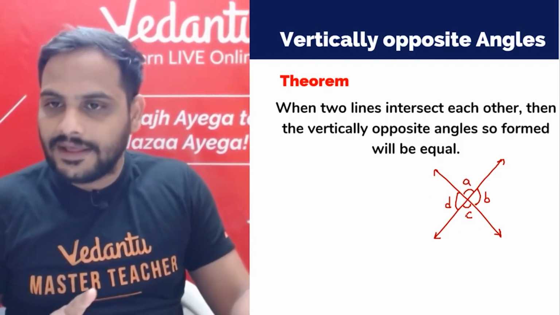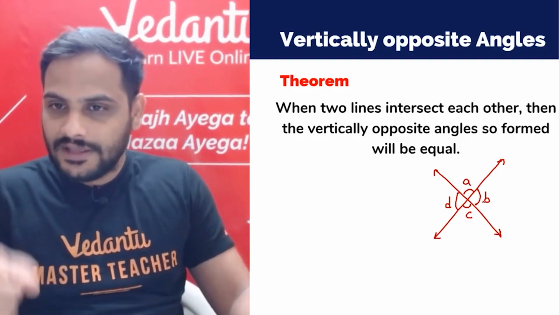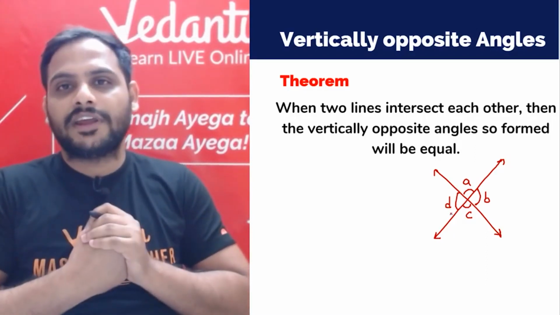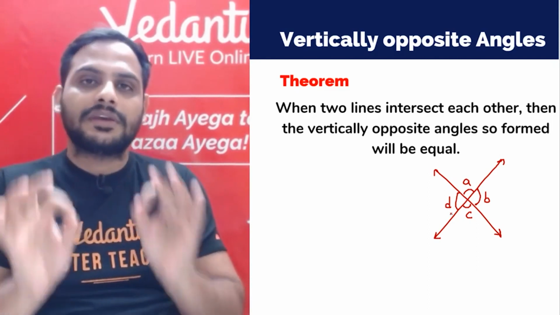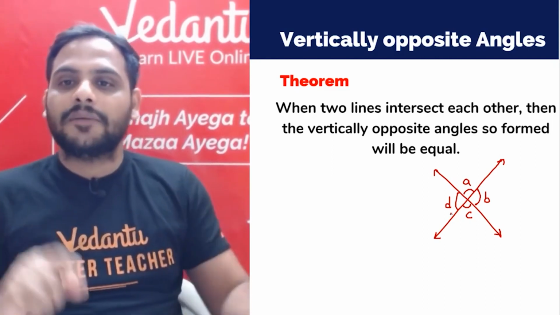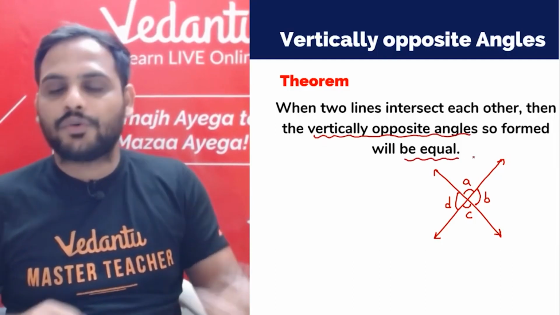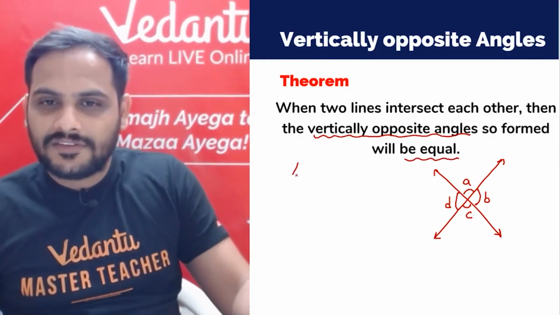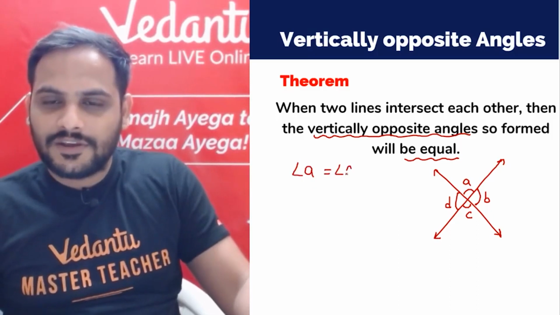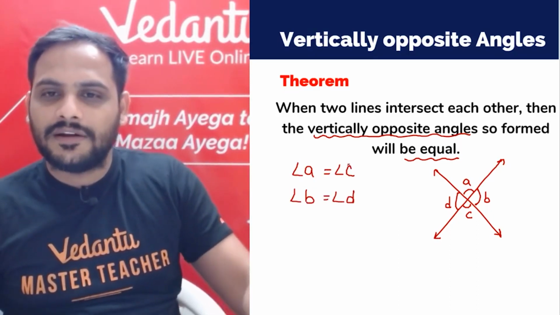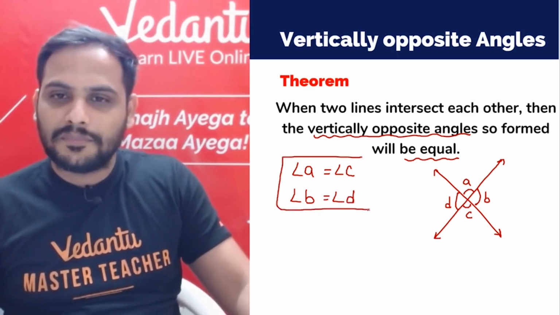So angle A and angle C are vertically opposite angles. Angle B and angle D are vertically opposite angles. And remember, the theorem is vertically opposite angles are equal. That means I can say angle A is equal to angle C and angle B is equal to angle D. Okay? This is my result.